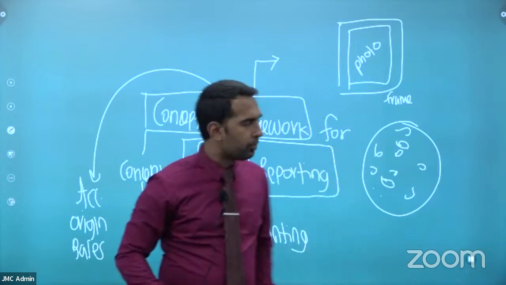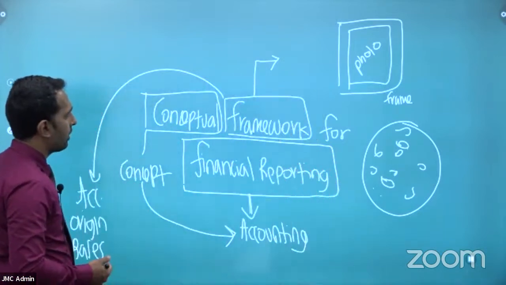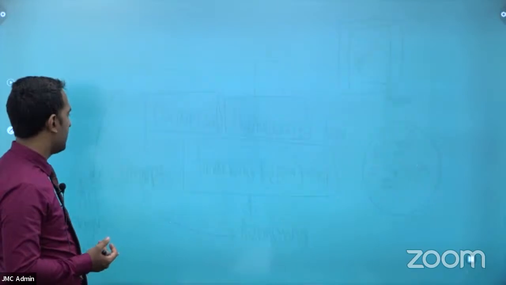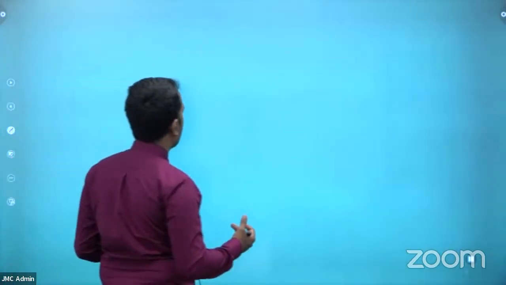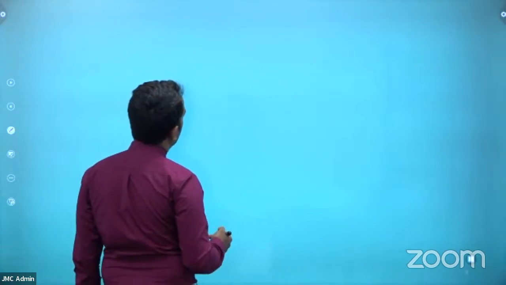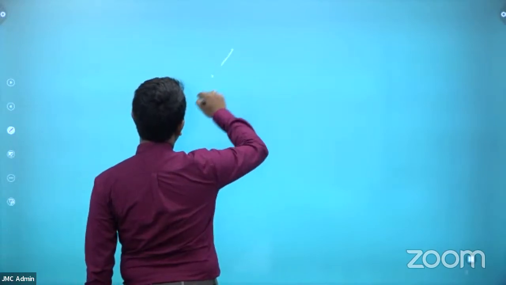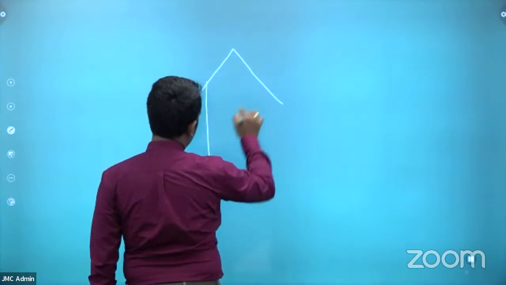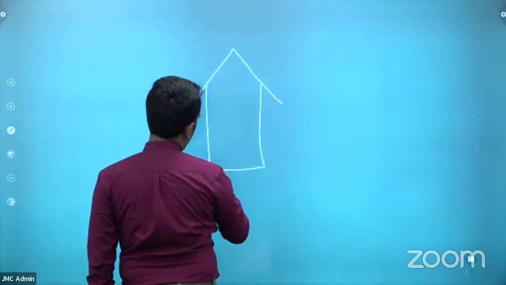Right. Let me put that into another metaphor so that you can easily understand. Now, guys, if you consider accounting to a house, let's say this is a house, right?